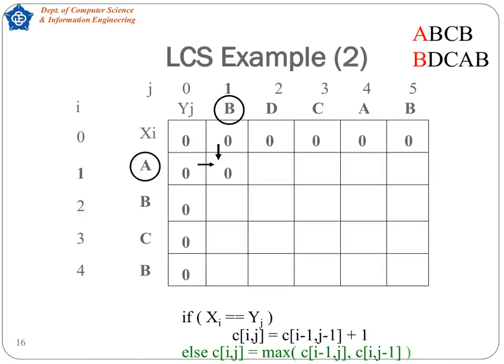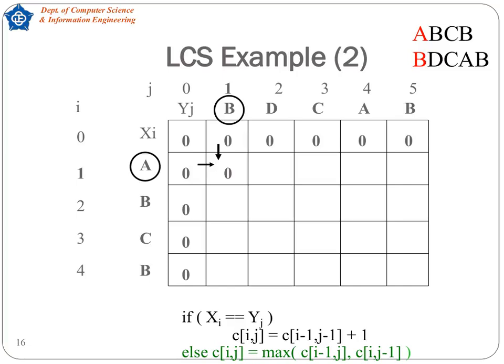Now that we've set our boundary conditions, let's begin filling the DP table for x equals ABCB down the side and y equals BDCAB across the top. At cell i equals 1, j equals 1, we compare x equals A with y equals B. They don't match, so we follow the else case of our recurrence and take the larger of the cell above or to the left.